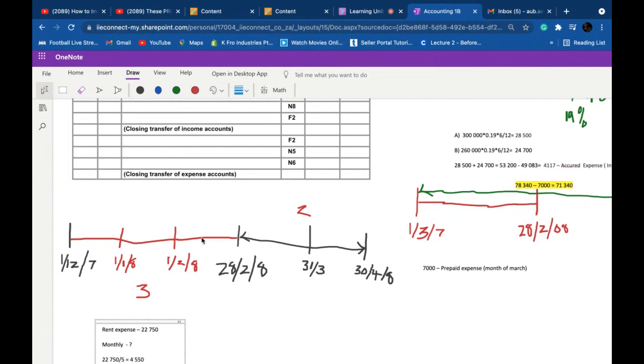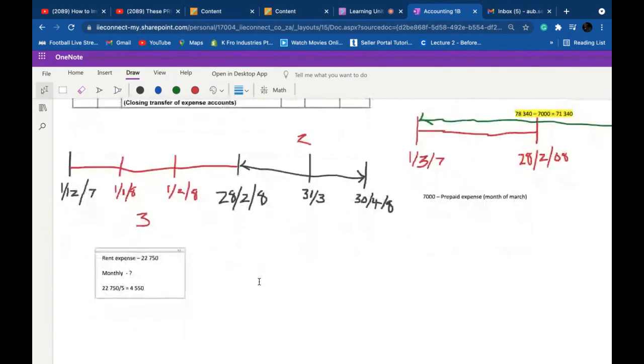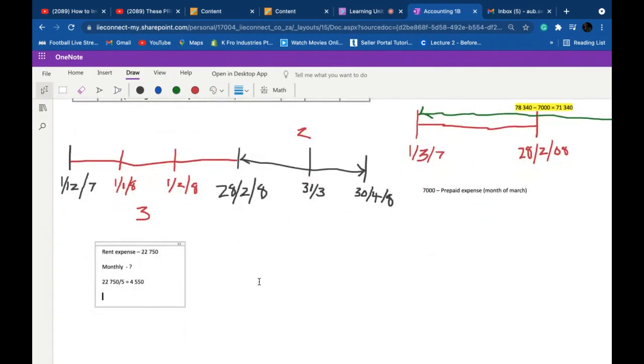Again, we're only interested in these 3 months. So the rental income we should have will be this 4,550 times 3. Another way to think of it is that we need to remove these 2 months, because that's outside of our financial year.